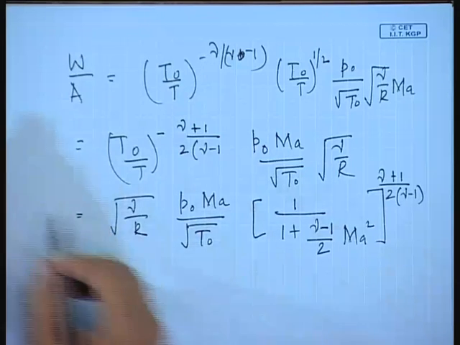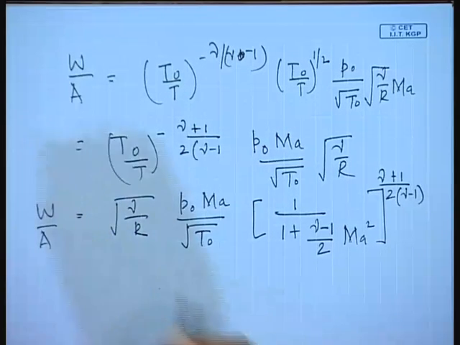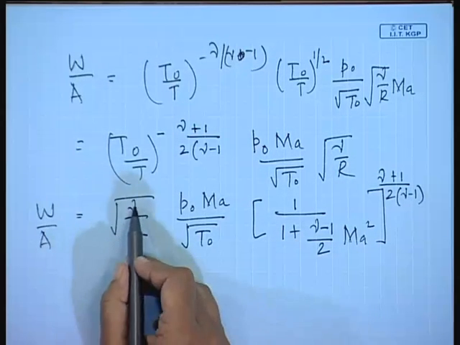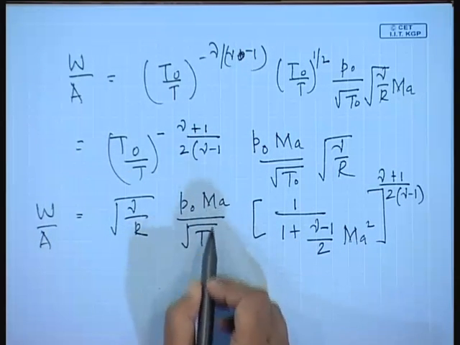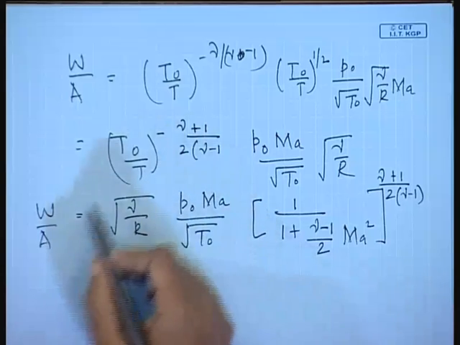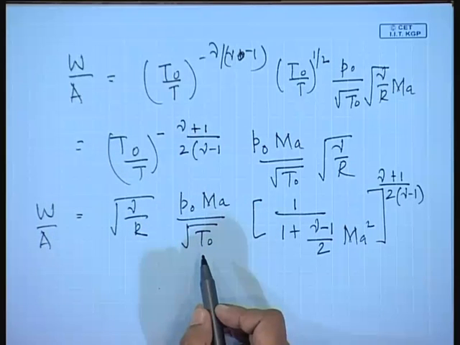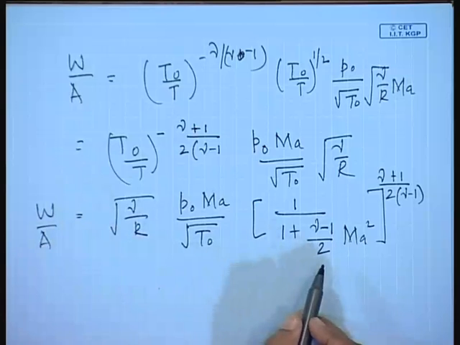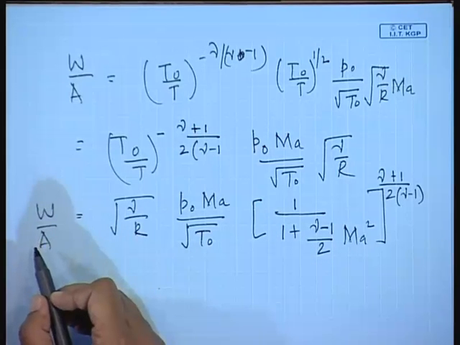Now, in this particular case W by A equals to, what do I find? I find gamma, R, P0, MA, T0, all these parameters are constants. What is the only variable in this equation which can vary my mass flow rate or mass flux?